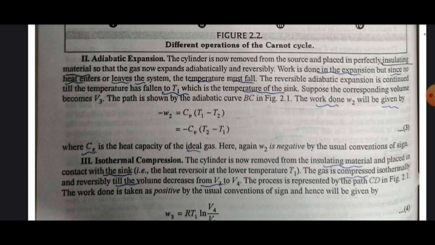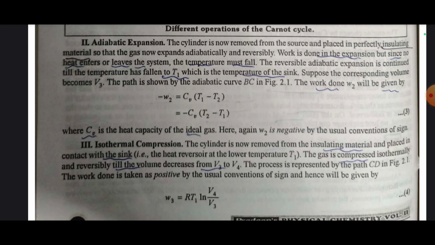Second is adiabatic expansion. The cylinder is now removed from the source and placed in a perfectly insulating material so that the gas now expands adiabatically and reversibly. Work is done in the expansion, but since no heat enters or leaves the system, the temperature must fall. The reversible adiabatic expansion is continued till the temperature has fallen to T1, which is the temperature of the sink.